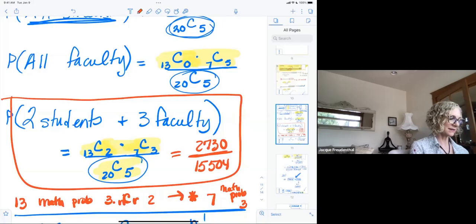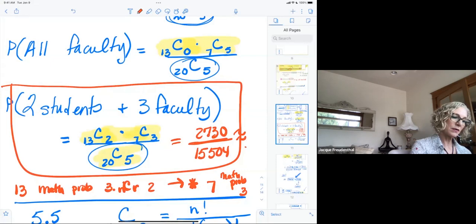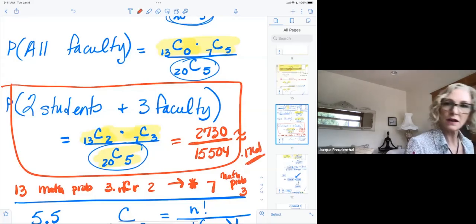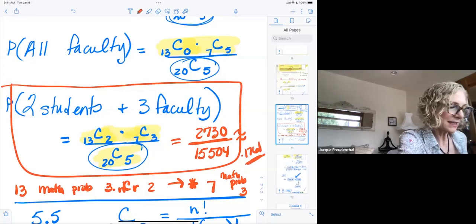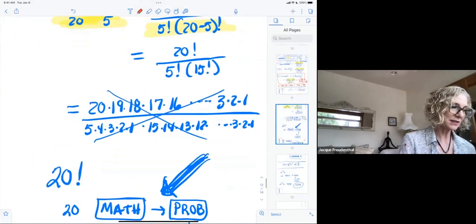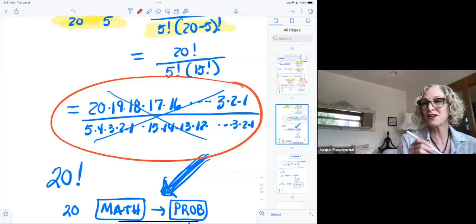And then you can divide that by your denominator, which is approximately 0.1761. Okay, so that's how you use your calculator. I encourage you to use your calculator, but this whole thing that I did with all that multiplication out, that's for you to know and understand what your calculator is giving you.